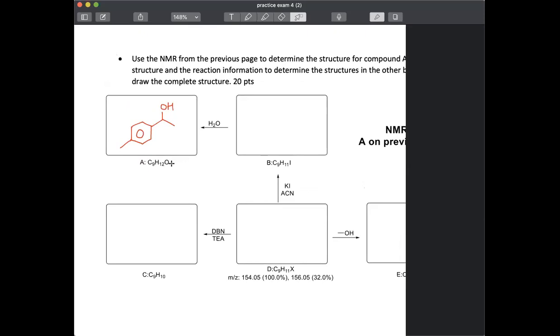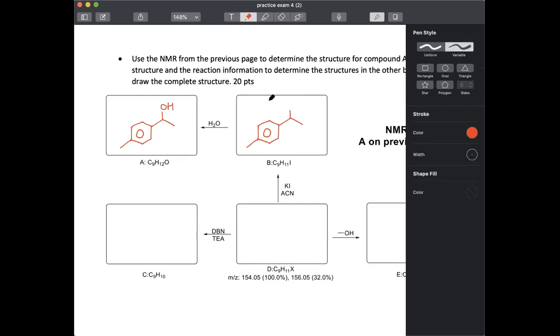So what reaction is taking place that you know of? Is it a substitution reaction or an elimination reaction? Yeah, in this case, it is SN1, a substitution reaction, because we're going from an alkyl halide to an alcohol. So it's pretty obvious what it's going to be. You would just erase this and put the halide. In this case, it's I.